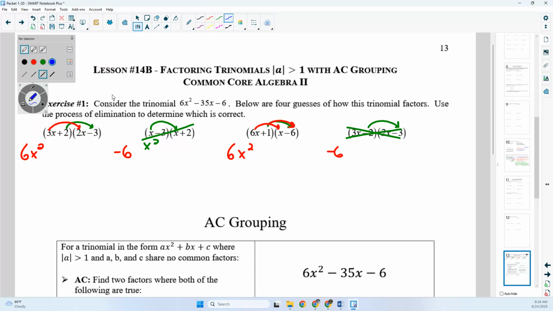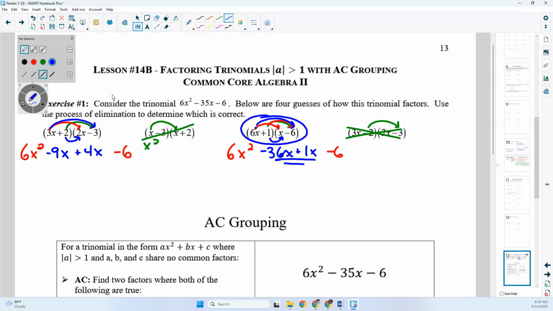So looking at the middle terms here, this is going to give me a -9x and a +4x. This one is going to give me a -36x and a +1x. So this is the one that looks correct because that is the one that adds up to the -35. So this is the answer.